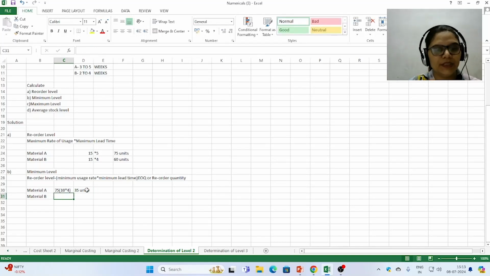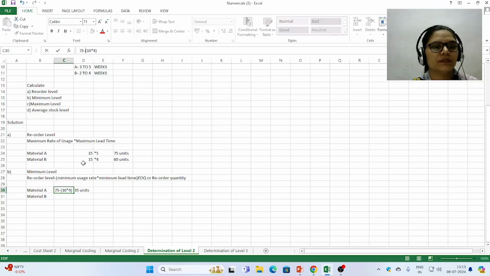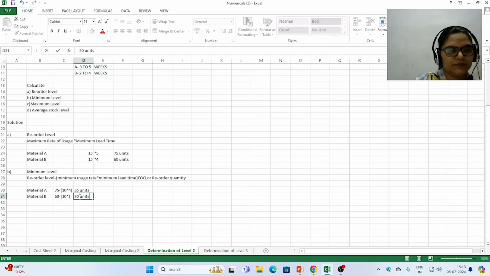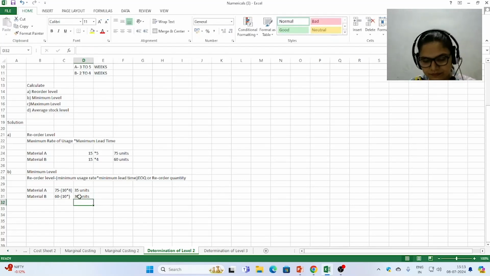Next is material B. Here, 60, we all know it's the reorder level, we have already calculated, minus 10 into 3, is equal to 30 units. So this is the minimum level for material A as well as material B.